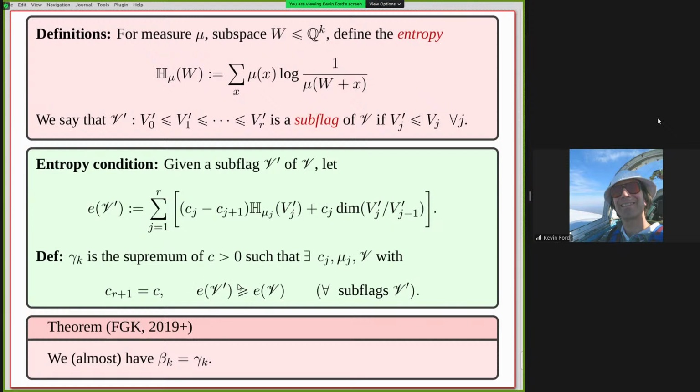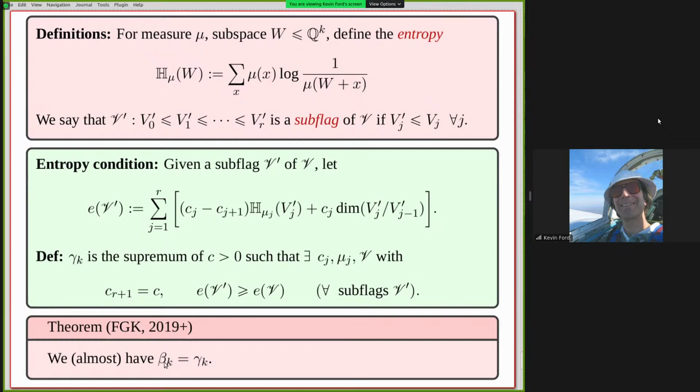It's a technical issue that we haven't found a good workaround for yet. But morally speaking, gamma k and gamma k tilde should be the same. We think this is the truth, and we almost have a proof.